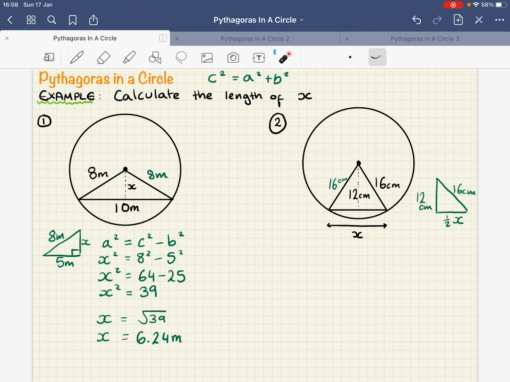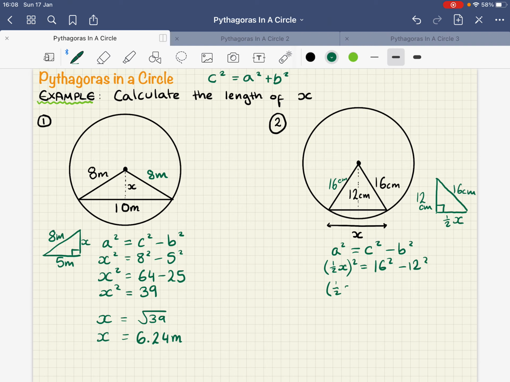It's not my whole value of x. So then same as before, we're going to be using our slight variation of our formula where we've got a squared equals c squared minus b squared. So that means it's going to be this half of x squared equals 16 squared minus 12 squared.